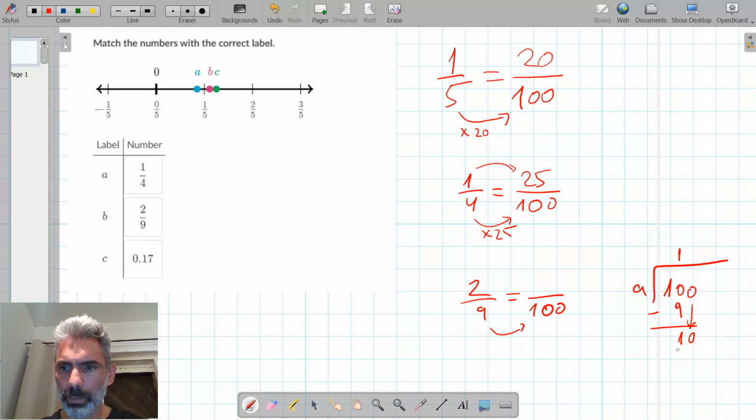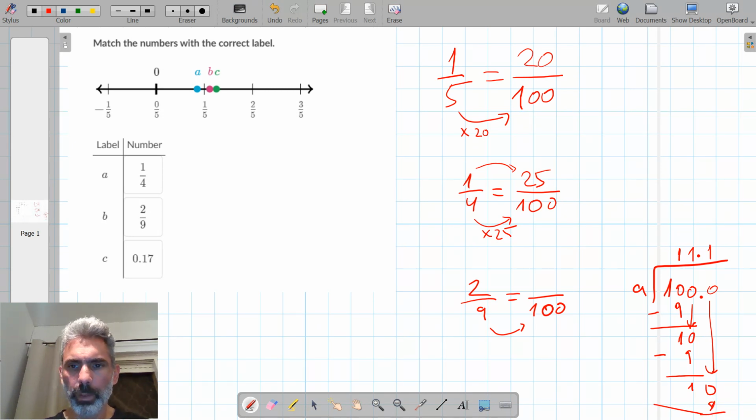Bring down the 0. 9 goes into 10 one time. 1 times 9 is 9. 10 minus 9 is 1. 9 doesn't go into 1, so the decimal point. Bring down the 0. 9 goes into 10, 1 times 9 is 9, and so on. So this means the 2/9 is 11.1 repeated over 100.